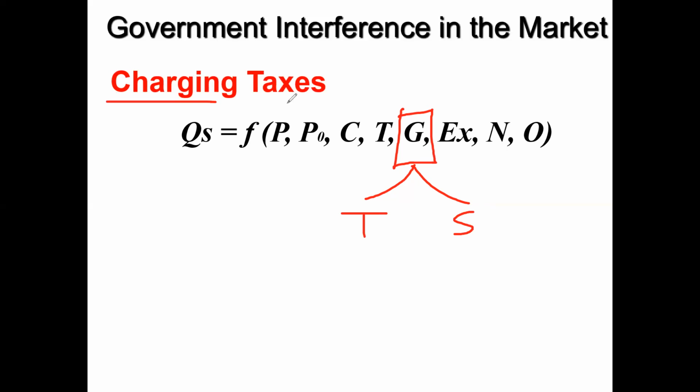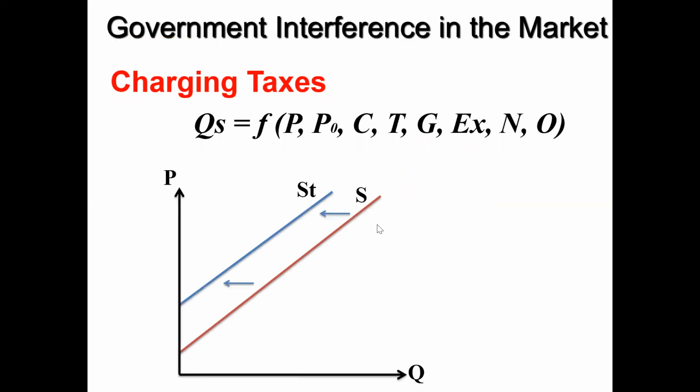So when the government charges taxes, here we are focusing on production taxes, taxes on producers, market supply is changed. When the government charges taxes, producers are demotivated. So therefore supply comes down, the supply curve shifts to the left. Decrease in supply, change in supply, decrease in supply. So when the government charges taxes on the producers, the supply curve shifts to the left.